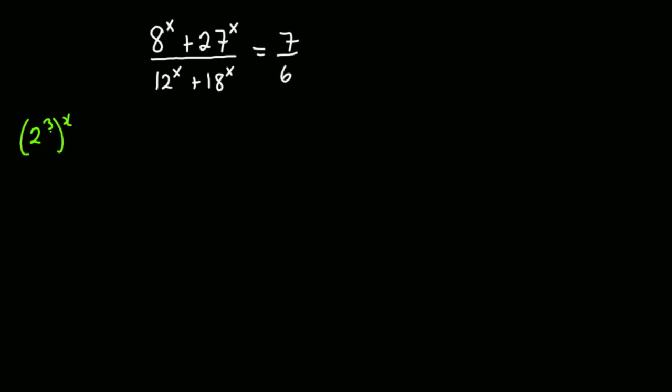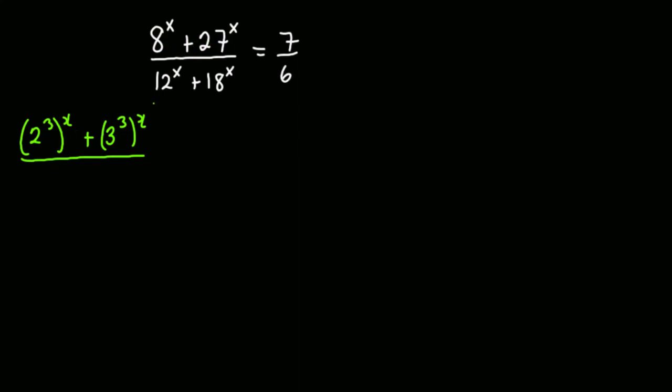Remember, 2^3 is the same as 8, 2 times 2 times 2. Plus, I'm going to break 27 to have a base of 3, so that gives me 3^3, all this to the power x.